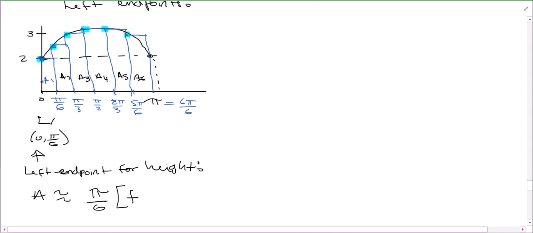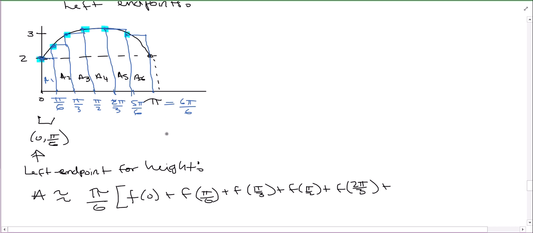But now the height is given by the left endpoint, so it will be f of 0 plus f of pi over 6. So the next subinterval is the interval pi over 6 to pi over 3, but I'm using the left endpoint. So plus f of pi over 6 plus f of pi over 3 plus f of pi over 2, f of, what's next, 2 pi over 3, and so that is my A5.